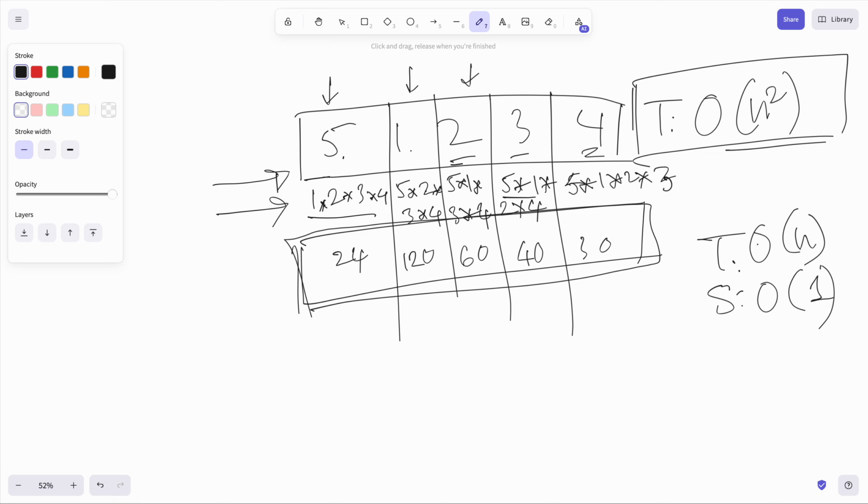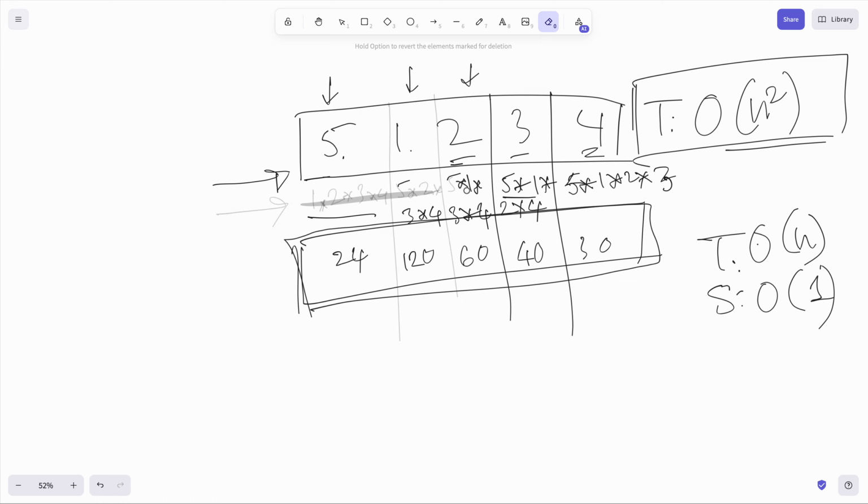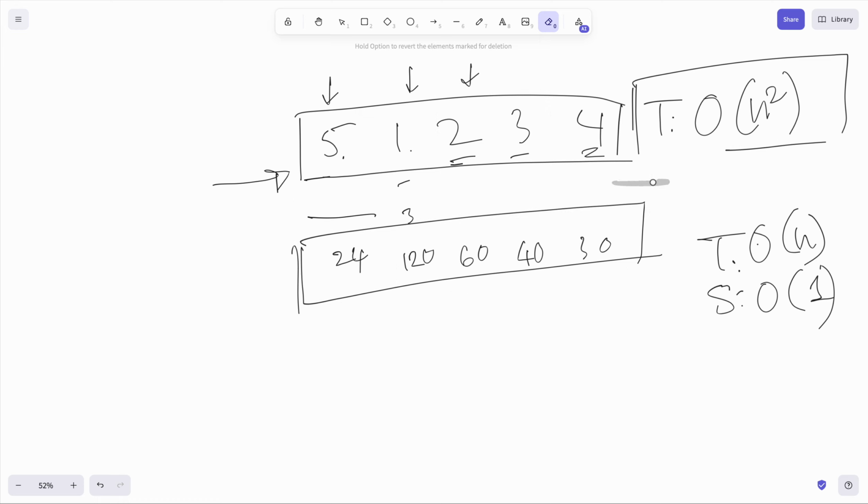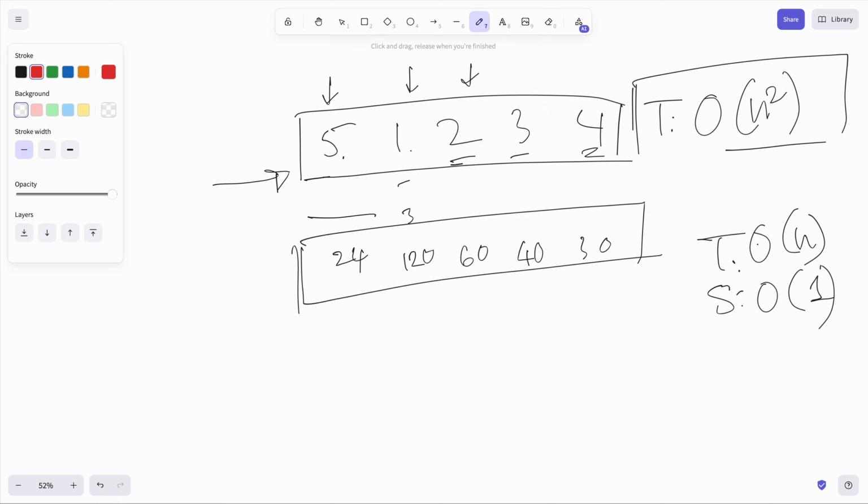To do that, we can have a two-pass approach and erase these values. For each number, we have to consider all the previous values and all the values following it.